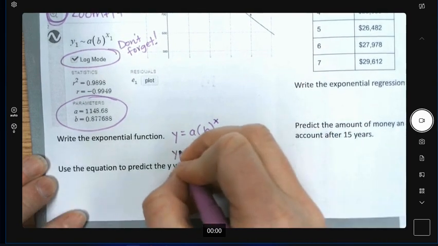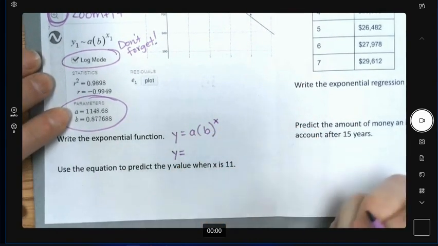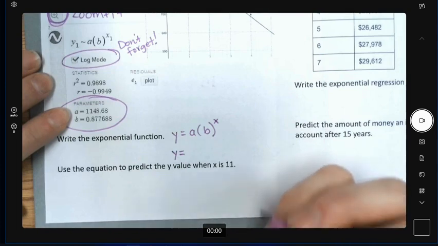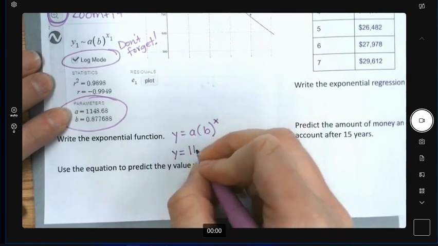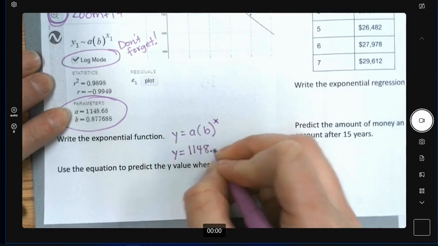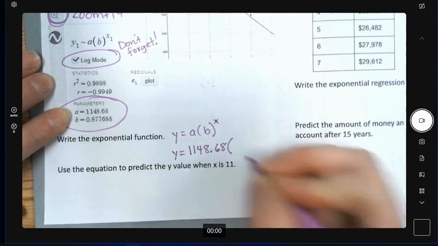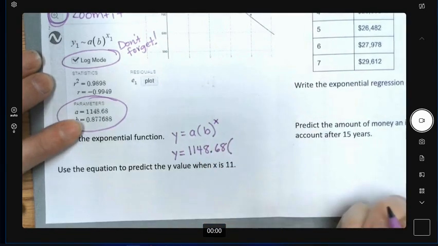So y equals A. Remember how we said 2 decimal places? So 1,148.68, parentheses, that's already 2 decimal places.